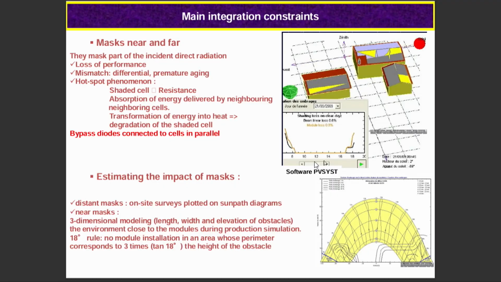The mask is very important, so it could lose a lot in terms of performance. If it is a local mask, so just a small shadow on your PV installation, it can generate mismatch and then difference of operating. Difference of operating is not very good in terms of performance, but also for all the electronic components.